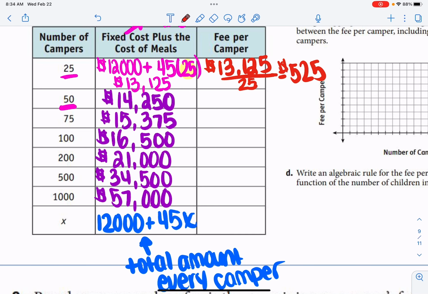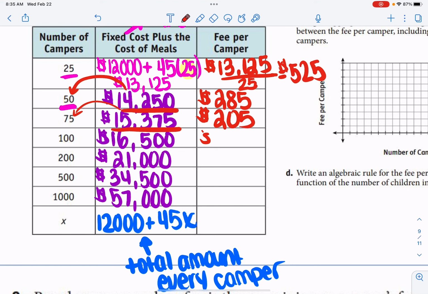Continue on with that process. Now you're going to do 14,250 divided by 50, which is going to be 285. You're going to do 15,375 divided by 75, which is going to be 205. Continue on with that pattern, and you're going to get 165.